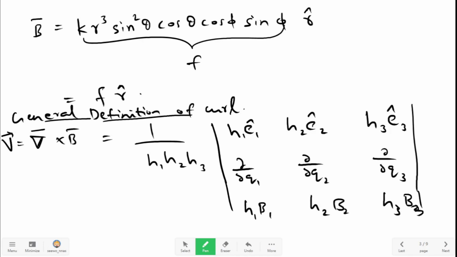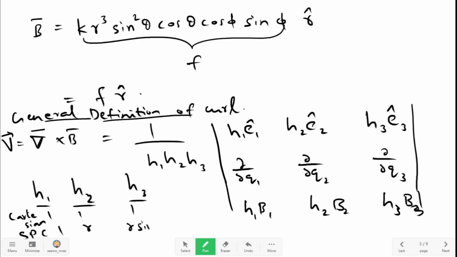Now h1, h2, h3 are equal to 1, 1, 1 in Cartesian. In spherical polar coordinates, h1 is equal to 1, h2 is equal to r, h3 is equal to r sin theta.